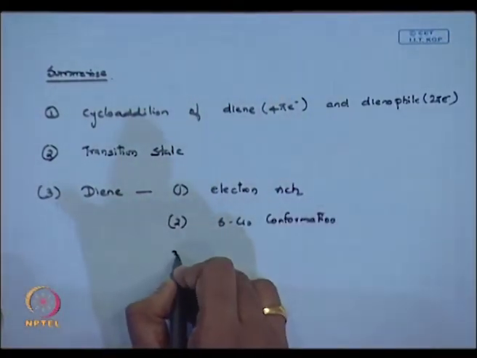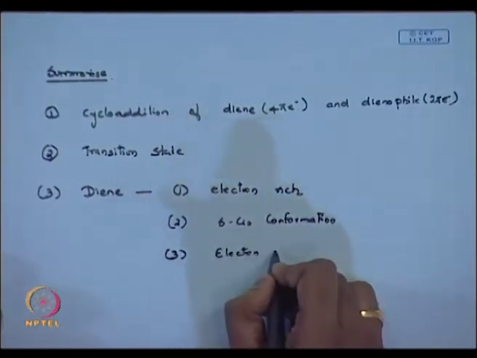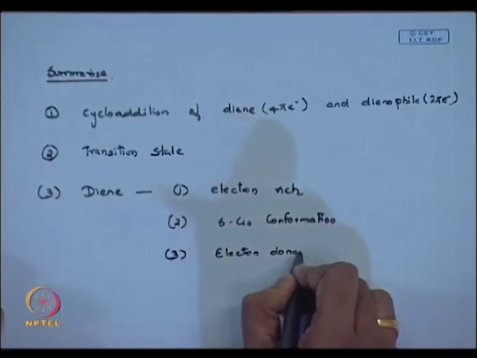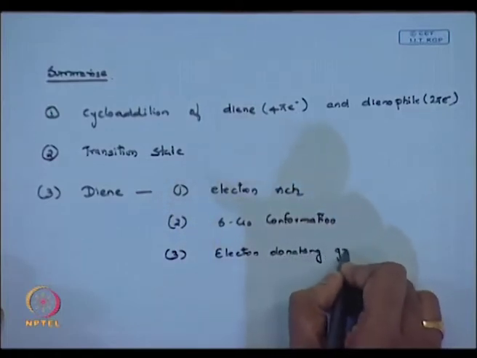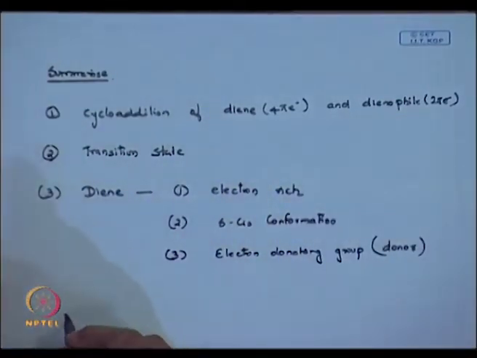So, one can be an excellent diene, and in another case it cannot be a diene. But in case of a linear system, like butadiene, you always have equilibrium between S cis and S trans, and the S cis form reacts. So, these are the two important conditions: electron rich and S cis. That means your diene should have electron donors or electron donating groups. That is your donor molecules. If they are there, it is nice. That is about your diene.